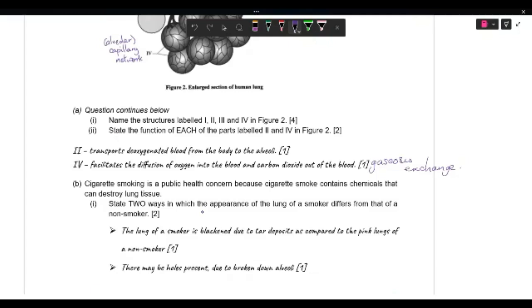So the lungs of a smoker would be blackened due to tar deposits as compared to the pink lungs of a non-smoker. And also you'll find in a smoker that there may be holes present due to broken down alveoli, right? Whereas with the non-smoker, you would have a very smooth surface, yeah?